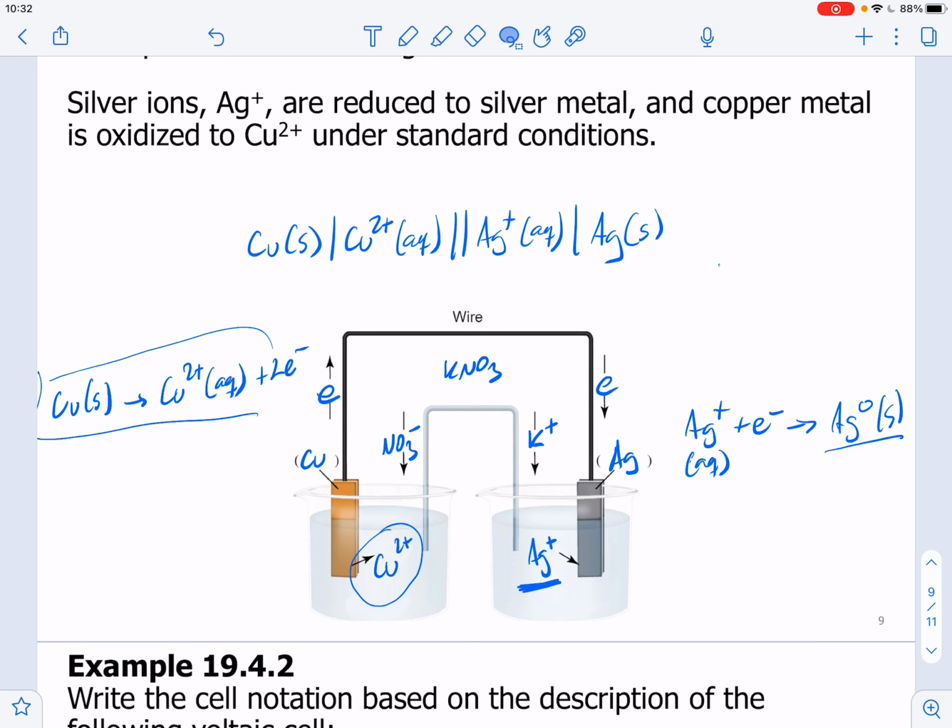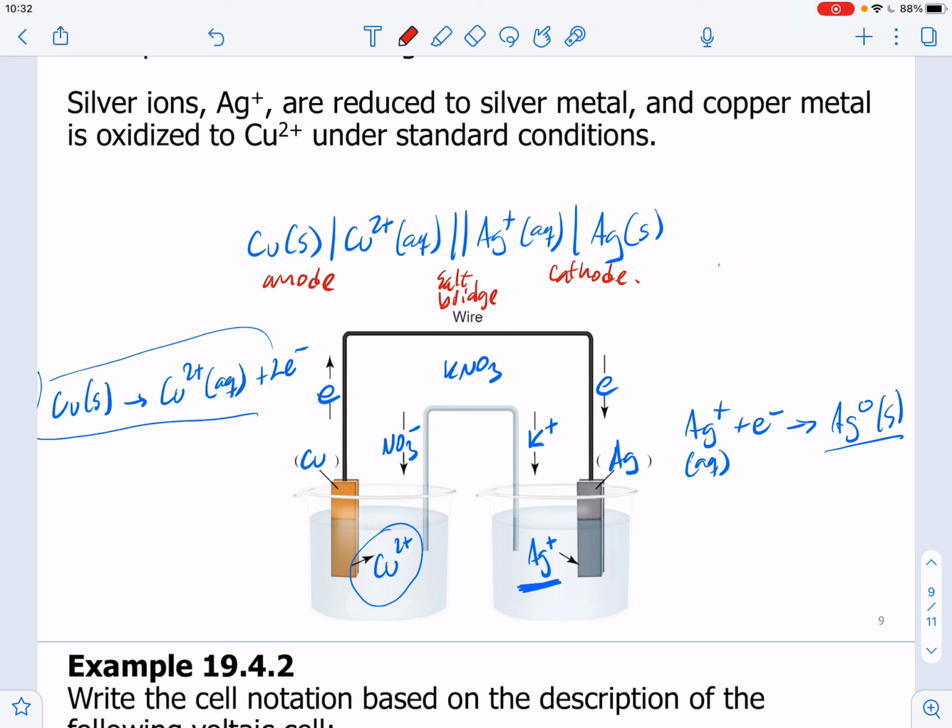Okay, you have the anode, you have the cell bridge, and then you have the cathode. Successfully writing the standard cell notation means you have to correctly identify which one is the reduction reaction and which one is the oxidation reaction.